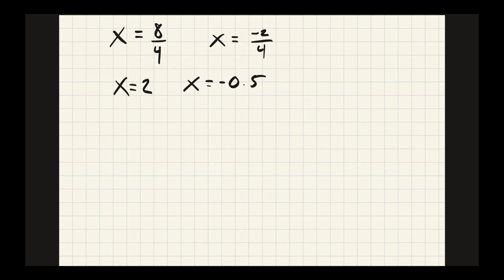Now what does this mean? This means these are the points where the graph intercepts the x-axis, or the x-intercepts.